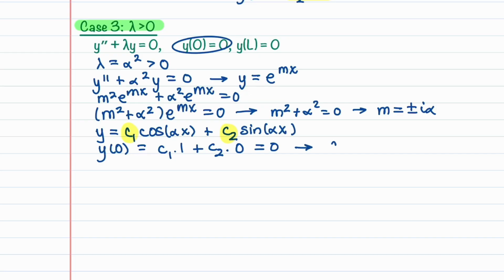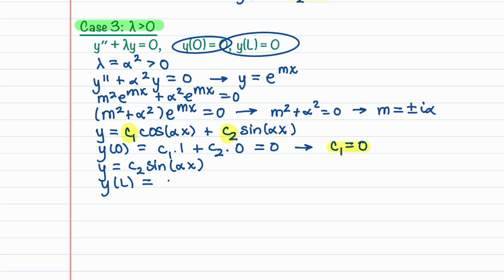So this gives us that C1 is equal to 0. We now have that y is just C2 sine alpha x. We can find C2 by using our second boundary condition. We're going to let x be equal to L, so we have y of L is C2 sine alpha L, and that is equal to 0.